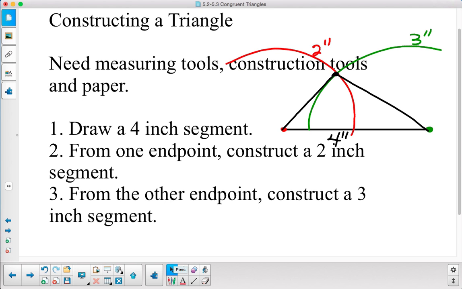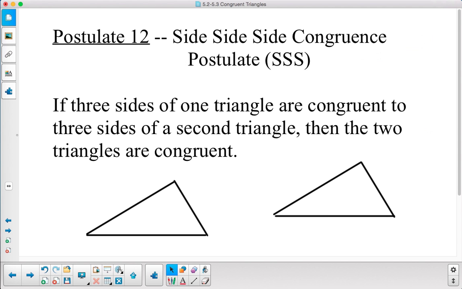The triangle might be flipped over or it might be turned, but it's the same triangle. So by having all 3 sides congruent, we do always have identical triangles. So in terms of geometry, this is called the side-side-side congruence postulate. If 3 sides of one triangle are congruent to 3 sides of another triangle, then the 2 triangles are congruent.